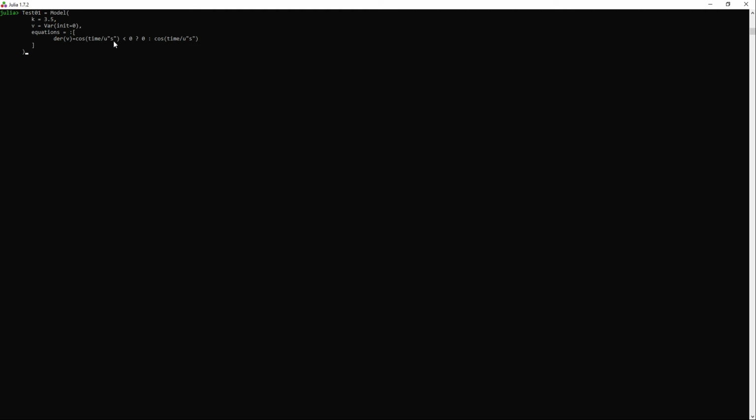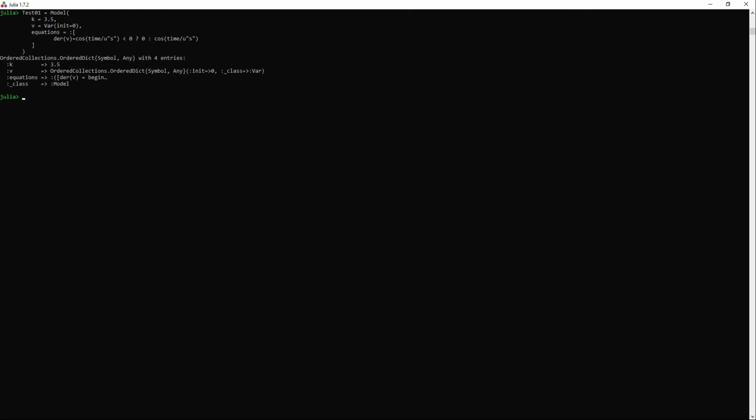So, if the cosine of the actual time is less than 0, then the derivative of v is 0, meaning that the value of v will remain constant. Otherwise, it's the value of the cosine of that time instant.